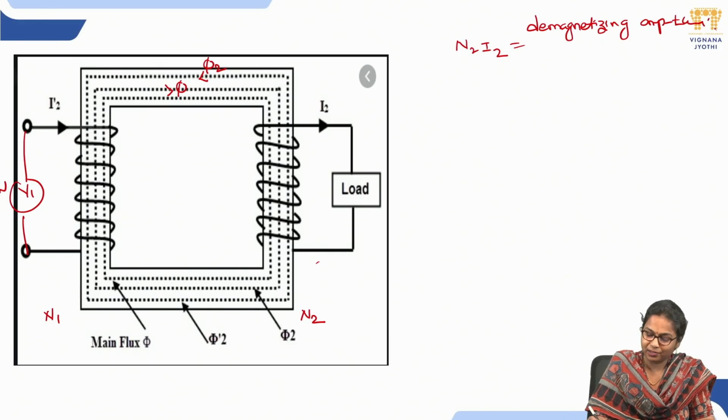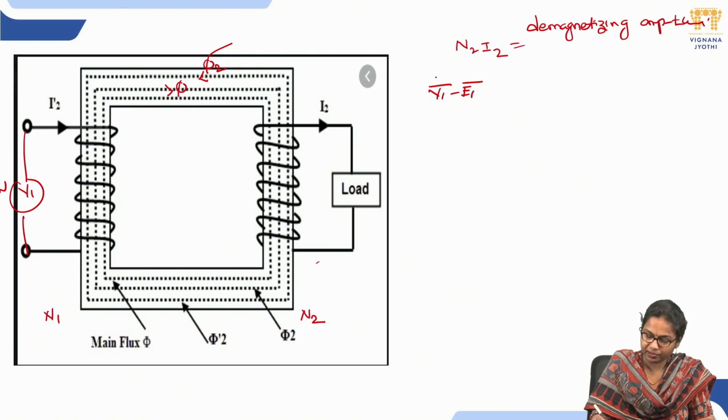This flux phi 2 momentarily reduces the main flux, due to which the primary induced EMF E1 also gets reduced. Hence the vectorial difference is increased, due to which the primary draws more and more current from the supply. This additional current drawn by the primary is due to the load, and hence it is called the load component.